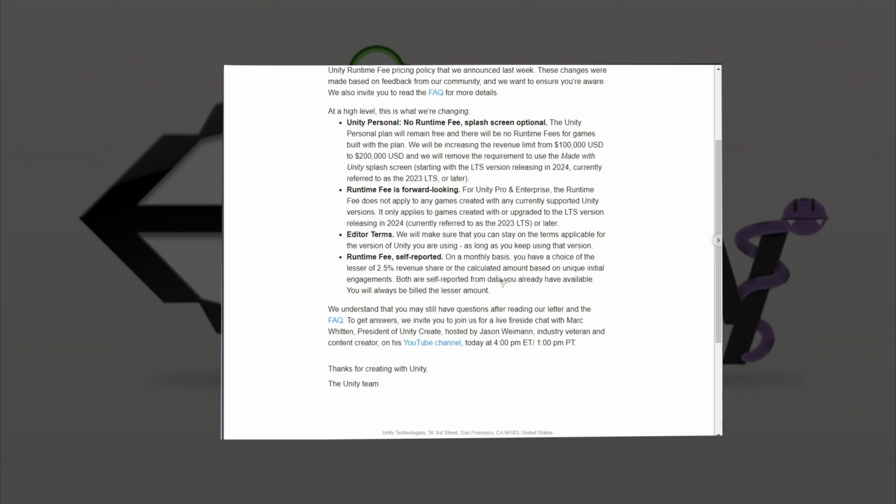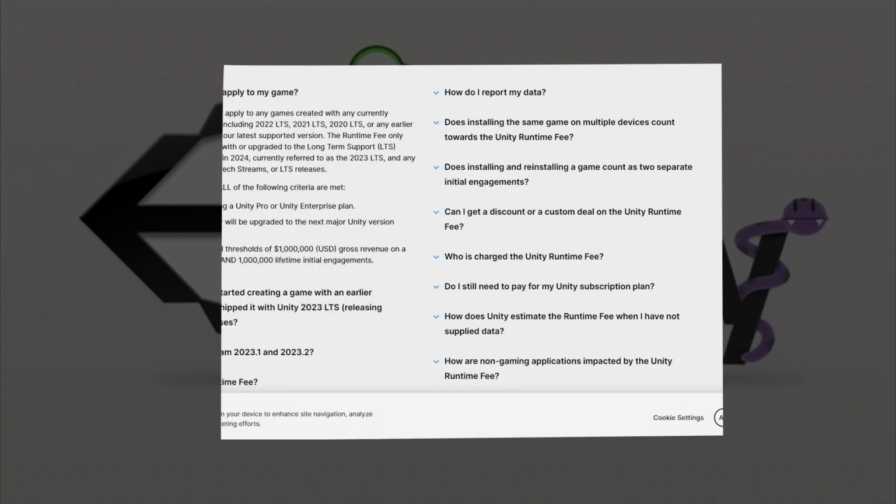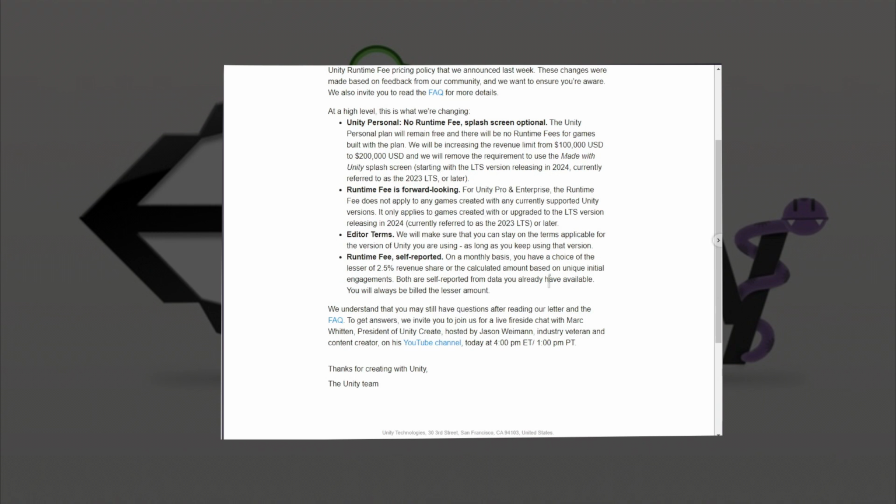So I can, on a monthly basis, share my 2.5% revenue. Whatever I earn, 2.5% goes to Unity, or the calculated amount based on unique initial engagement over the lifetime, on the last 12 months, if I cross 1 million USD gross revenue in 12 months.